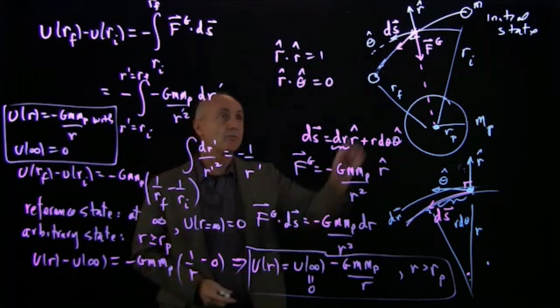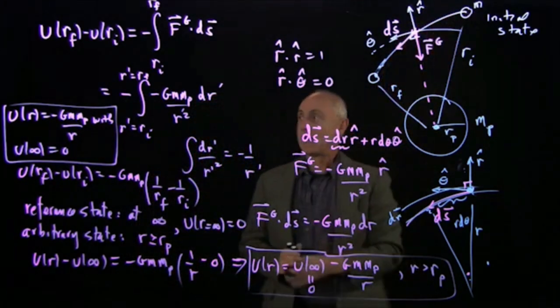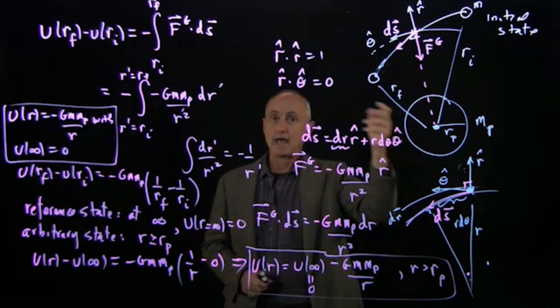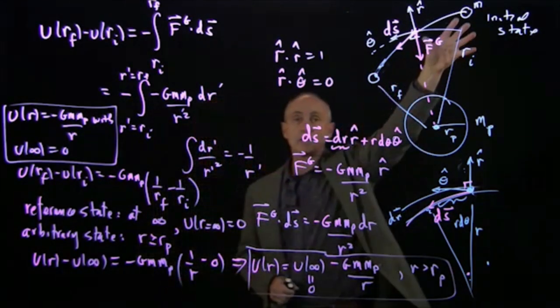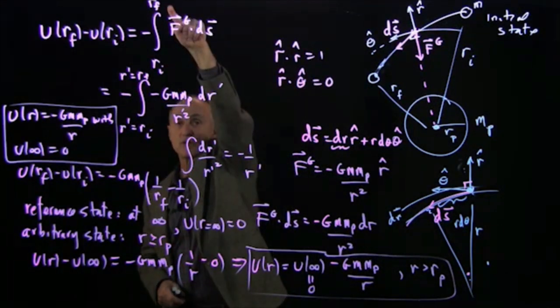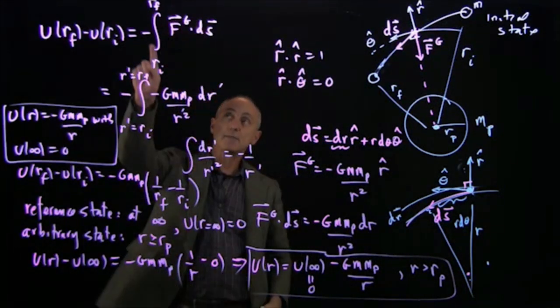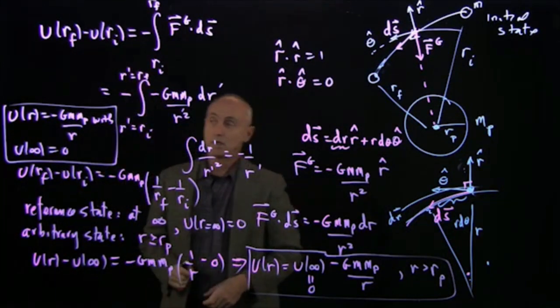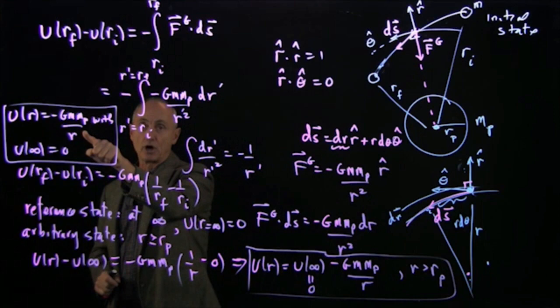If I start my system at infinity, and I end my system a distance r away from the planet, and I calculate the work done by the gravitational force in going from infinity to a distance r away from the planet, I take a minus sign, so the negative of the gravitational work, then that's what that number corresponds to.